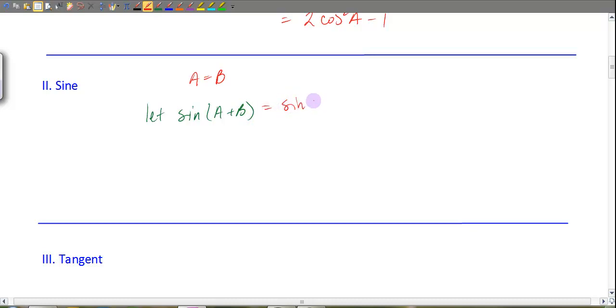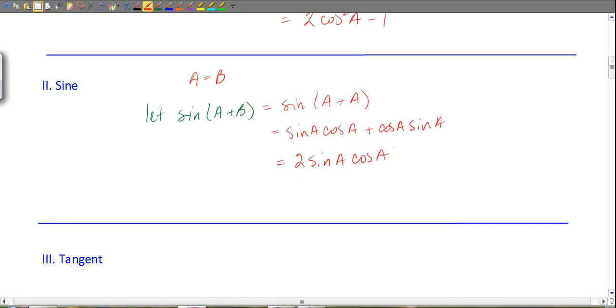So it's the sine of A plus A, because I'm letting A and B be the same values. So this is now the sum identity for sine. So we have the sine of the first times the cosine of the second plus the cosine of the first times the sine of the second. And both of these terms are actually the same thing, so I really have 2 sine A cosine A.